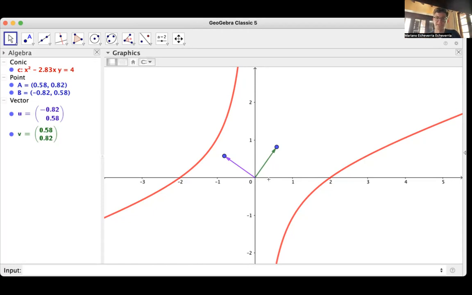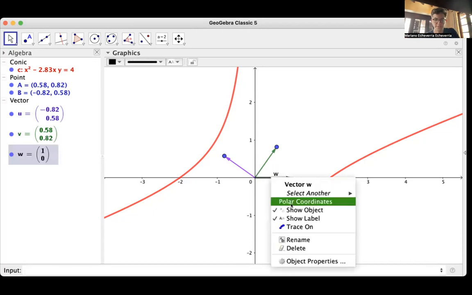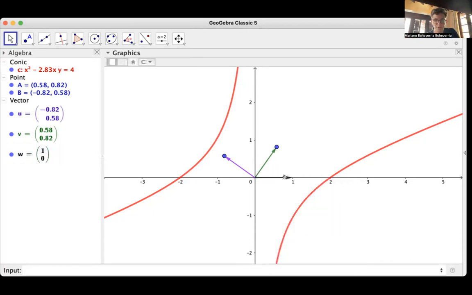Okay. And so this angle, if you were to compute this angle, it is more or less 55 degrees. So what I did is rotate this vector by 55 roughly, and the other vector, which is 0.